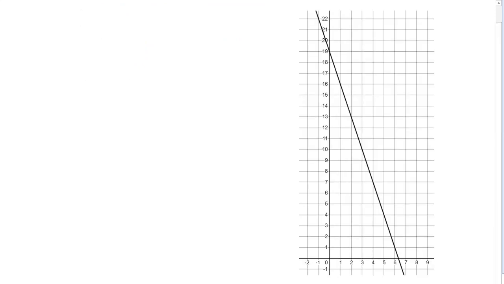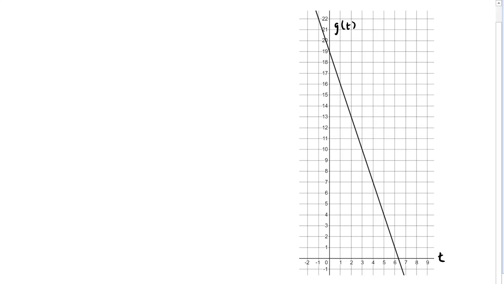And so here's the graph of our function if the horizontal axis corresponds to t, the number of hours that have passed, and the vertical axis tells us the number of gallons in the tank, so g of t. And we can see that this line is going down from left to right. It's an example of a decreasing function. And notice that when we talk about a linear function, the rate of change is always going to stay the same for this function.